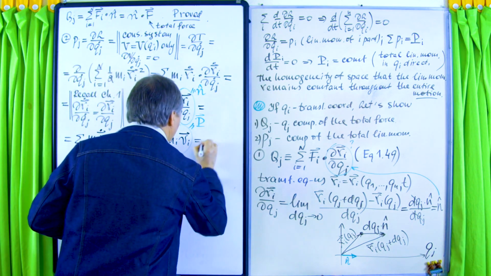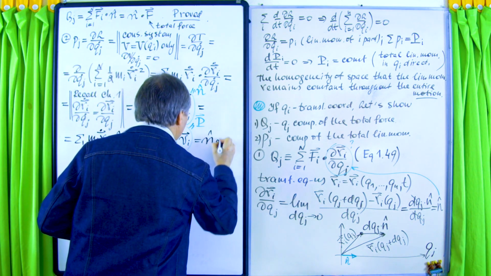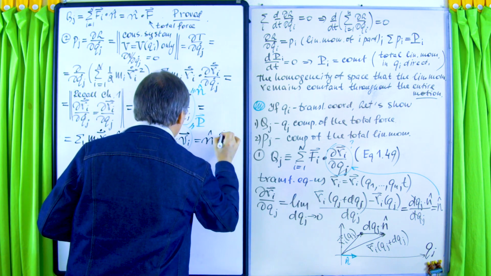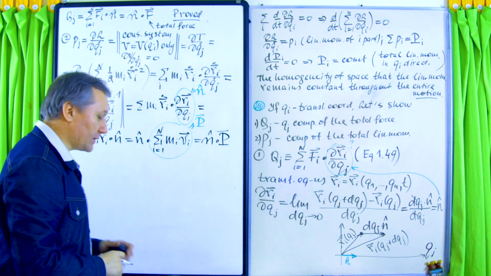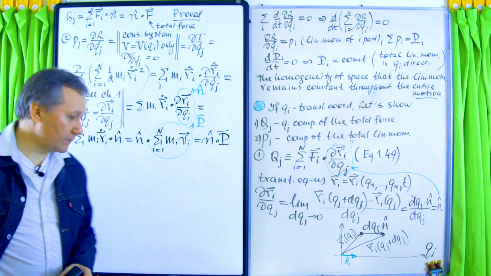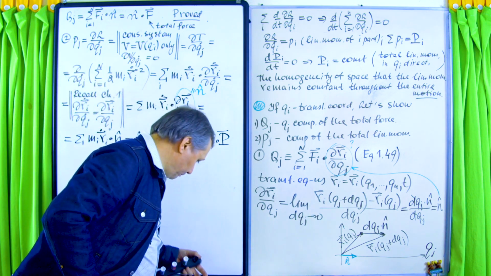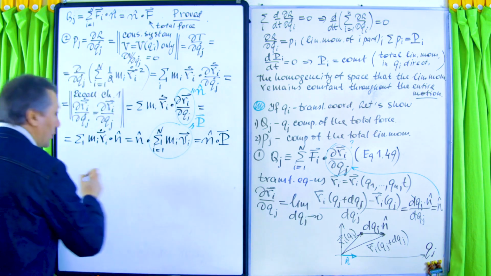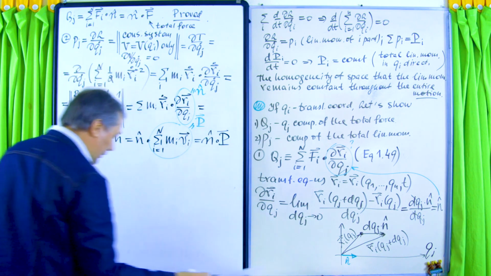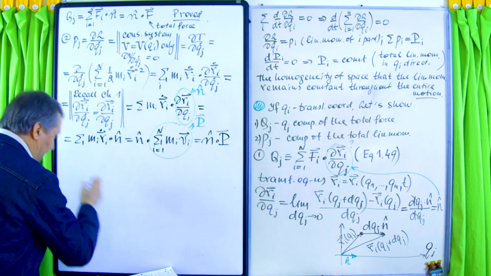So, n hat dotted with the total linear momentum of the system will give us the corresponding component. Now the conclusion, because without a conclusion it's not good.